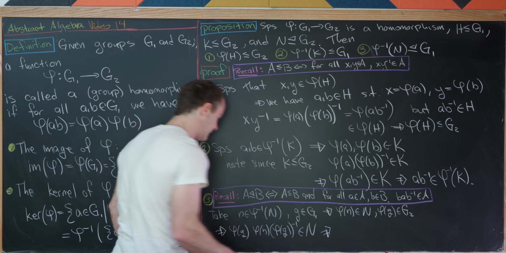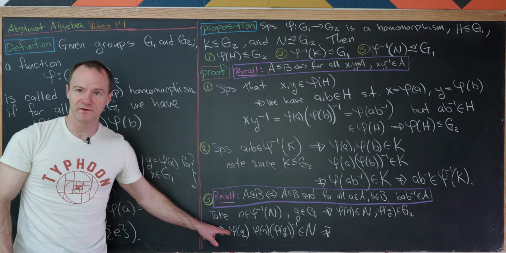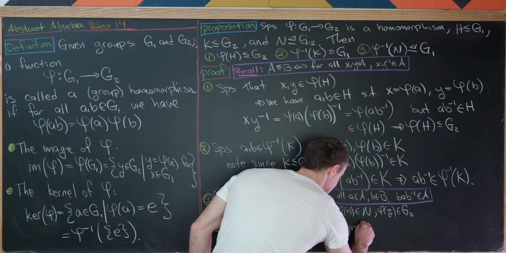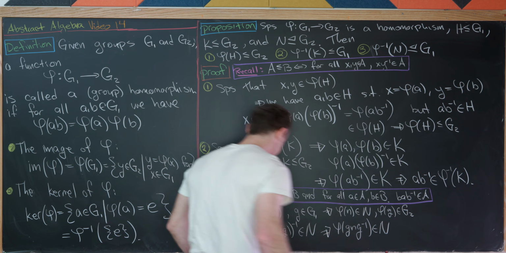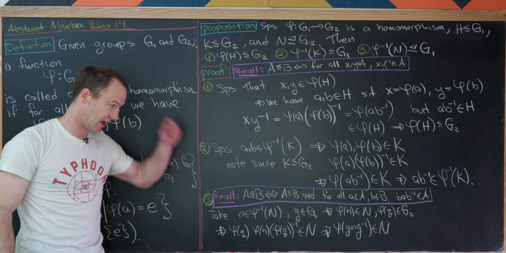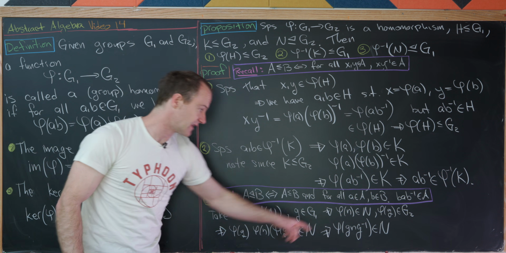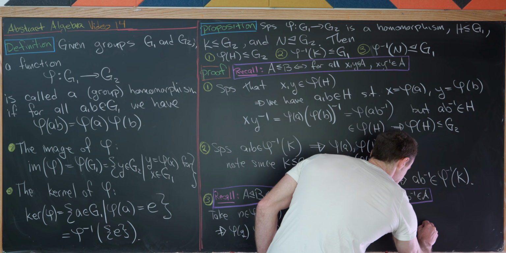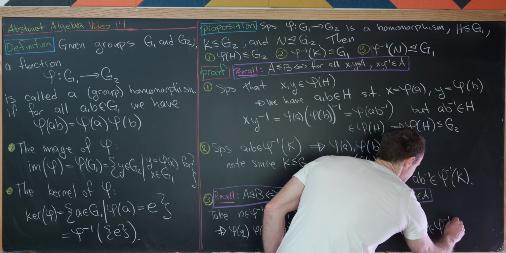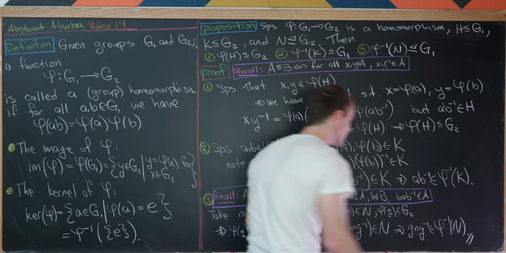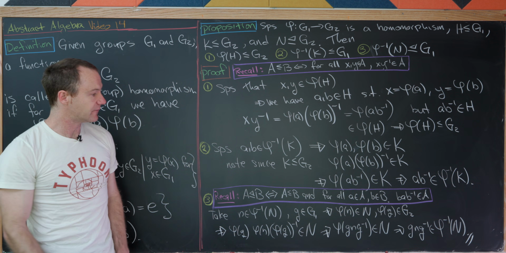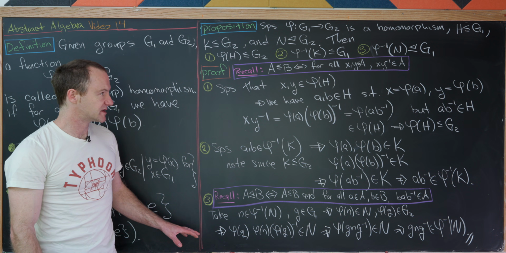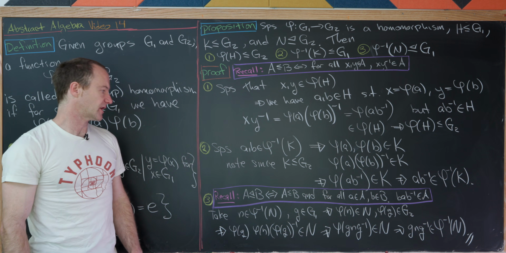But from that, it follows, using the fact that this is a homomorphism to push these together, that phi of g n g inverse is inside of N. That's just rewriting this left-hand side. But that condition right there is exactly what we need for g n g inverse to be inside of phi inverse of N, which is exactly the condition that we need for phi inverse of N, or the pre-image of N, to be a normal subgroup. So that proves all three of these statements.